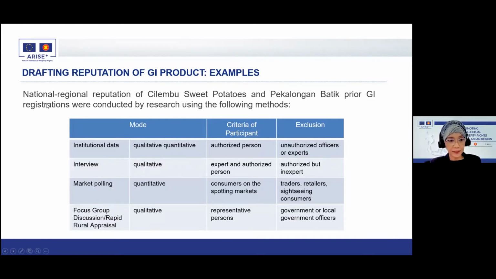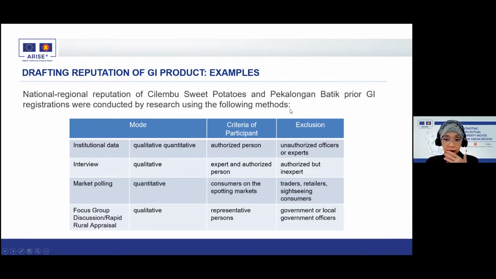Now, this is the example of drafting reputation of GI products. The national regional reputation of Cilembu sweet potatoes and Pekalongan batik in Indonesia prior to the GI registrations was established by research using the following methods.